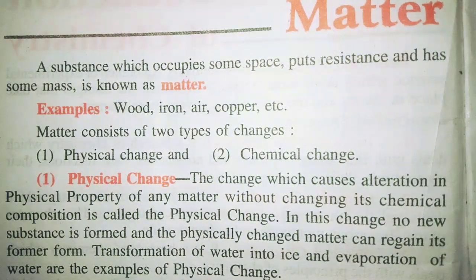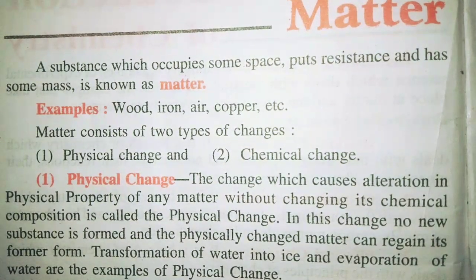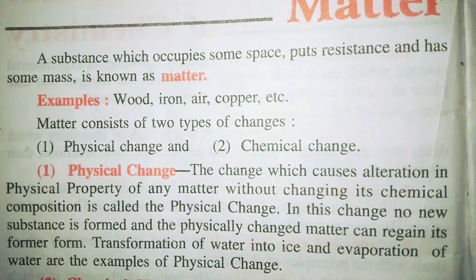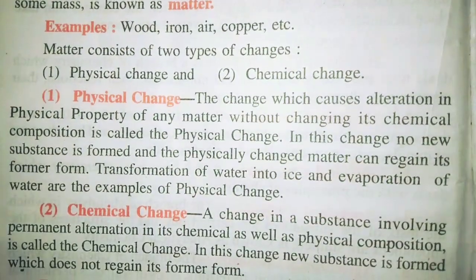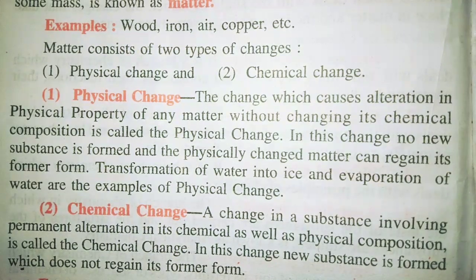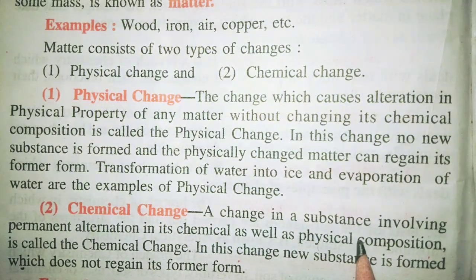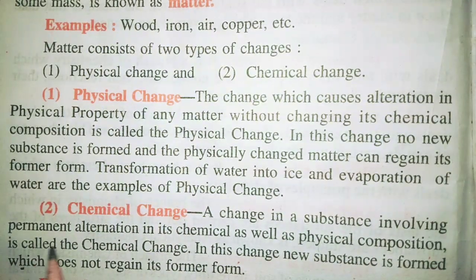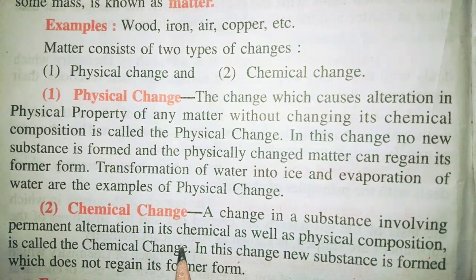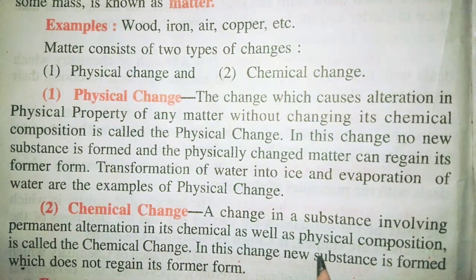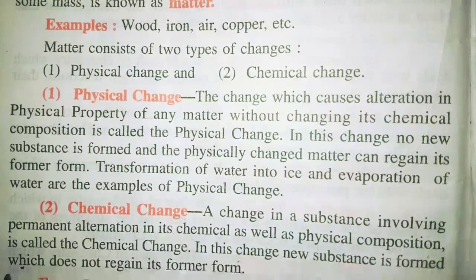Now we will be dealing with chemical change, that is the second. A change in a substance involving permanent alteration in its chemical as well as physical composition is called chemical change.